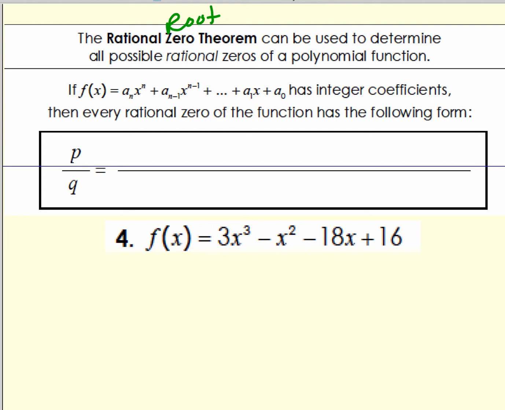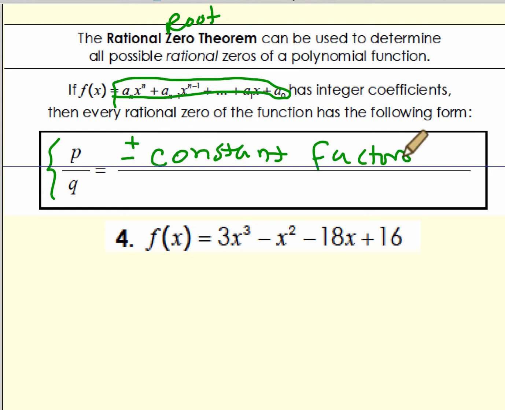So what it says is that whenever you have a polynomial, if there is going to be a rational root, it has to come from a specific set of numbers. That specific set of numbers is the positive and negative factors of the constant over the positive and negative factors of the leading coefficient.